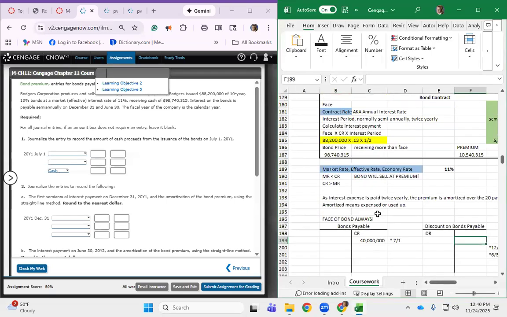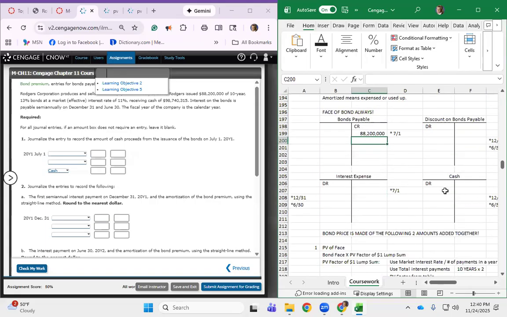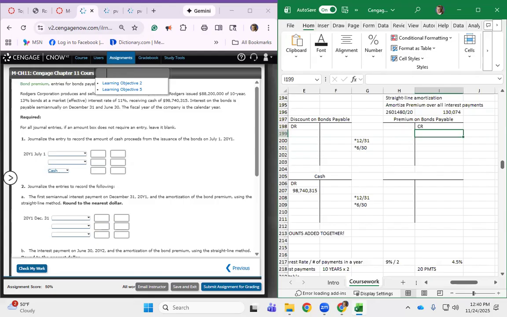All right, one more time. I'm going to put the face in the bond. Mine is 88,200,000. This happens on July 1st, just like we did with the discounted bond. Then the proceeds are going to be your bond price. You put that in, and then the difference will go in the premium on bonds payable as a credit.